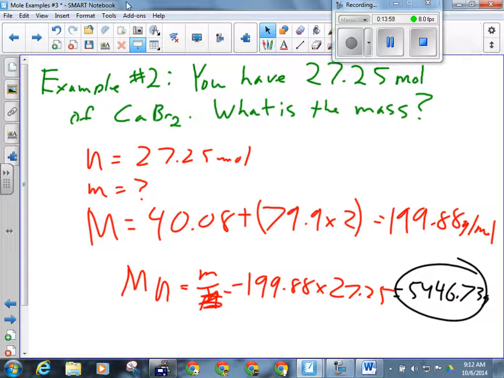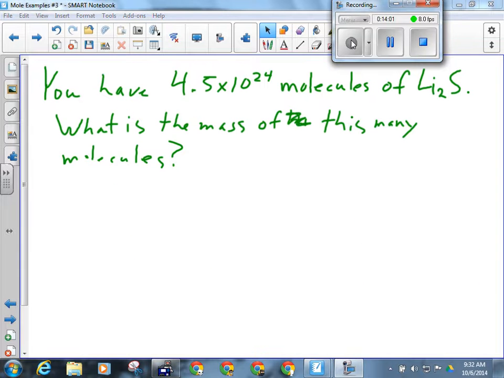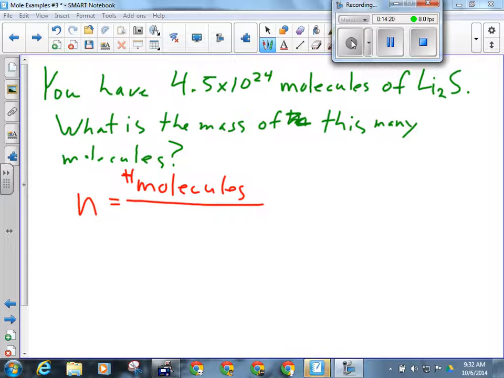All right, let's go over that. Let's look at this one here. They give us the number of molecules this time of lithium sulfide. If I know the number of molecules, I can calculate little n. So I'm going to take the number of molecules and divide it by Avogadro's number, which is essentially molecules per mole, the number of molecules in 1 mole.